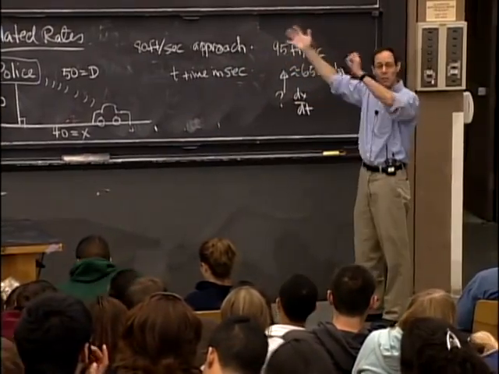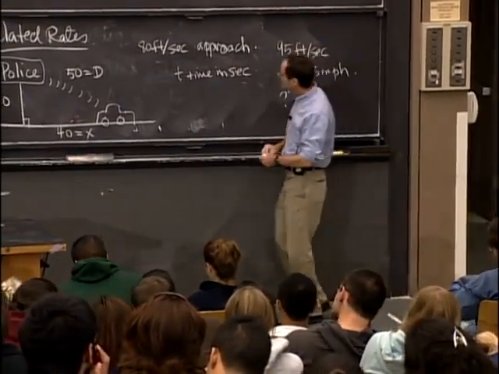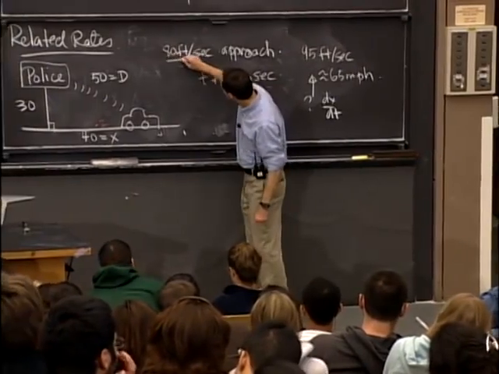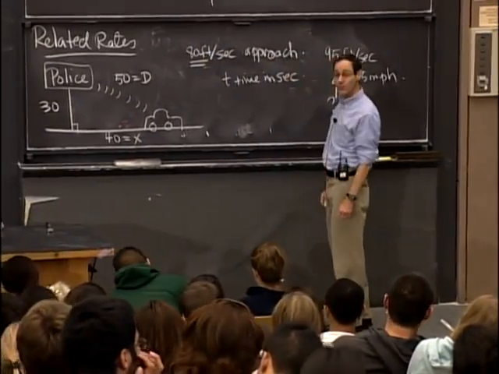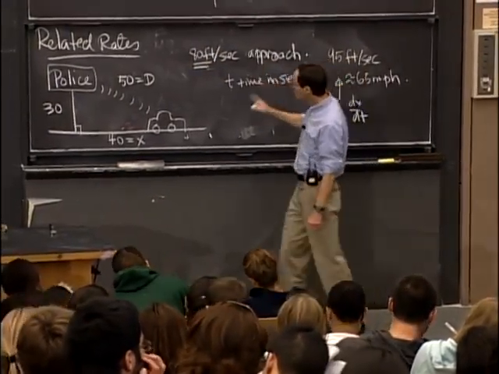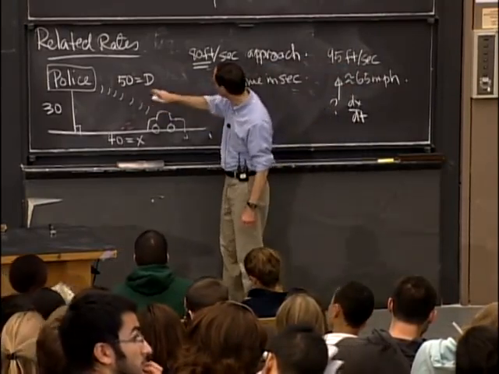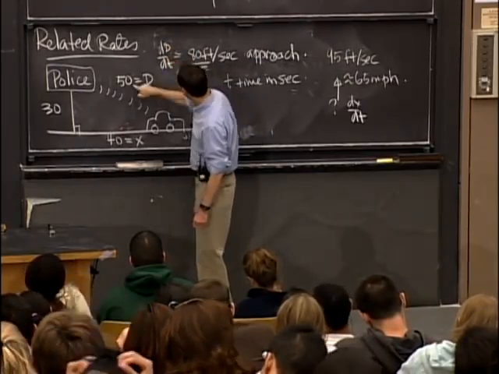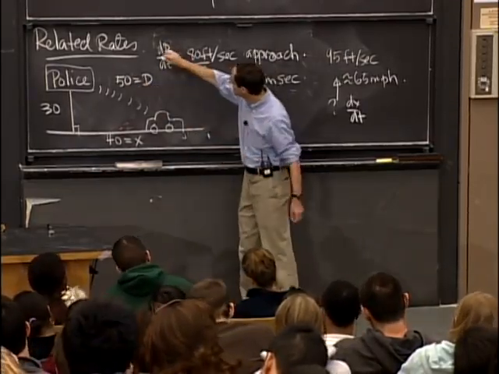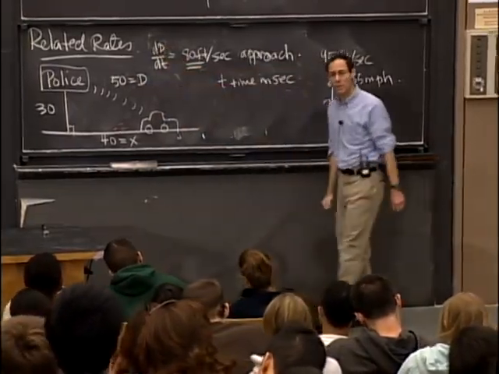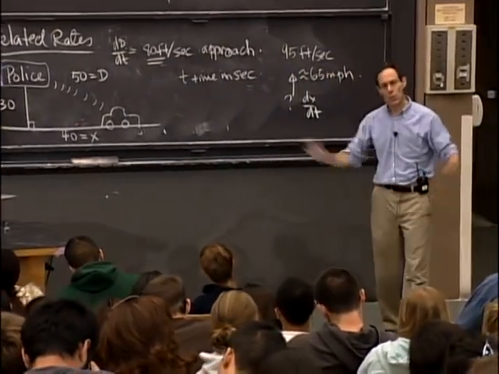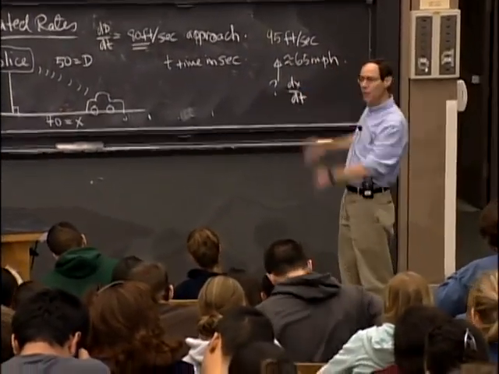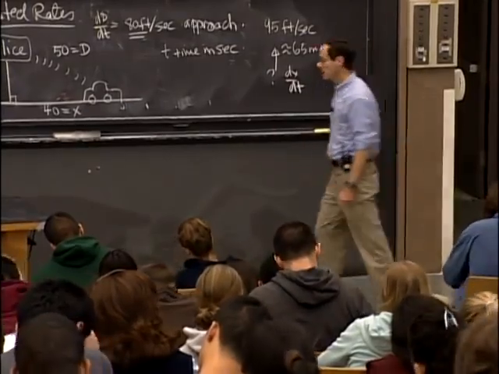So you need to know things about the real world. Now the last bit is, what about this 80 here? So this is how fast you're approaching. Now that's measured along the radar gun. I claim that that's d by dt of this quantity here. So this d is also changing. That's why we needed a letter for it too. So next time we'll just put that all together and compute dx/dt.